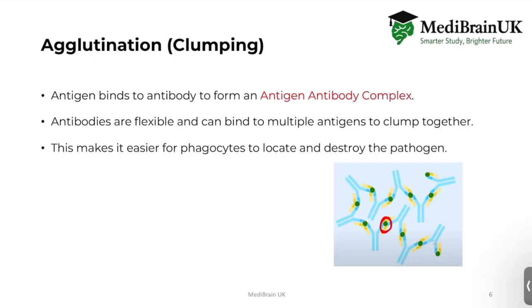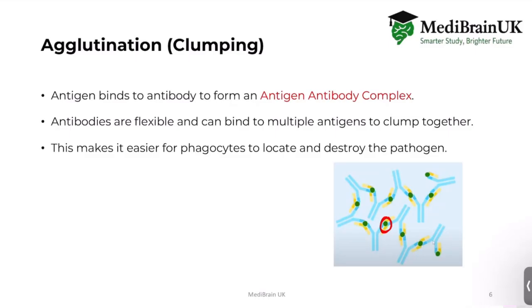Once multiple antibodies bind to the antigen, they form like a loopy network like this, and they basically clump together. You've got loads of antibodies all in one space. You've got more antibodies than you have antigen or virus particles present.